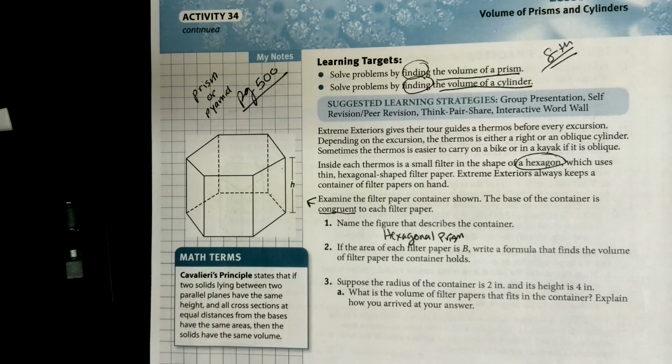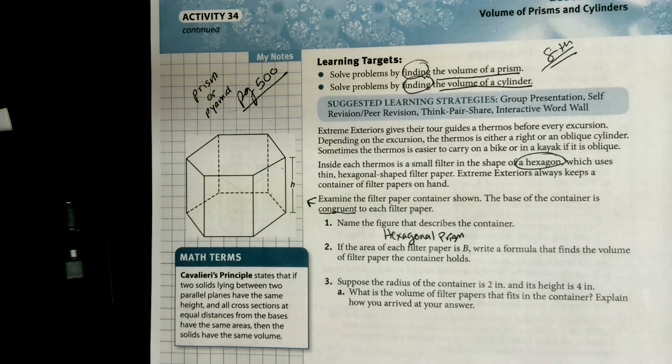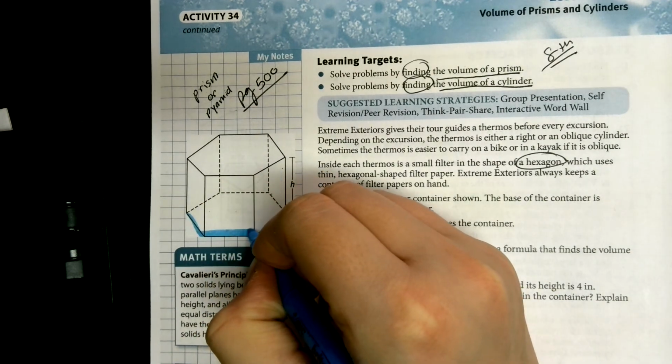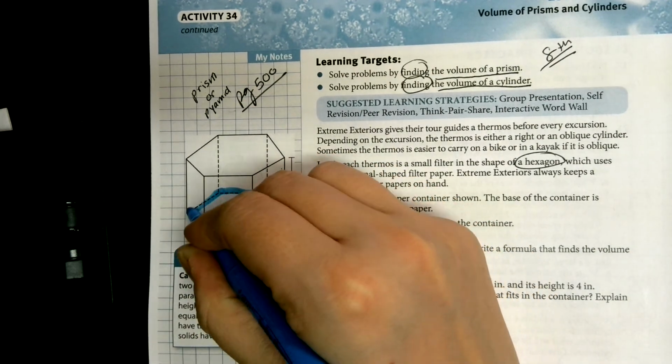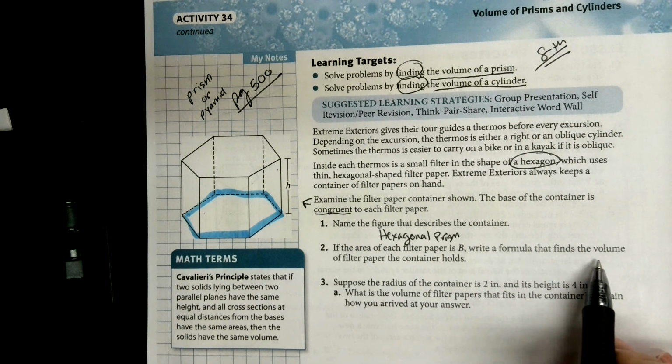The area of each paper filter is B. Write a formula that finds the volume of the filter paper. So again, the filter paper is just this hexagon at the bottom. Let's find the volume of paper.